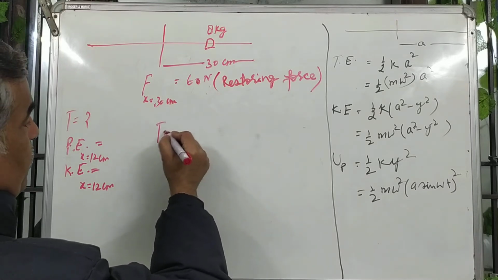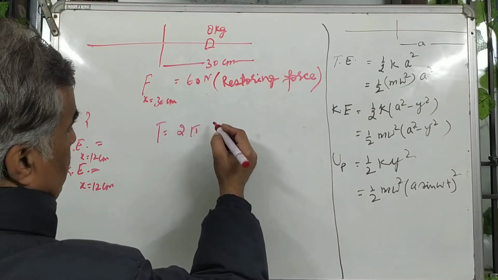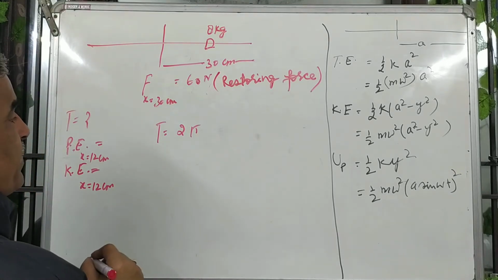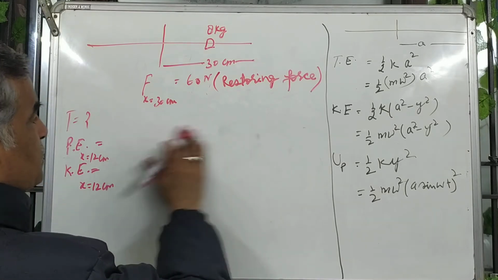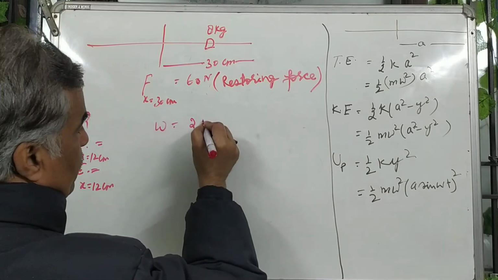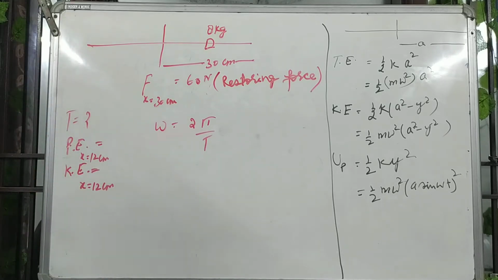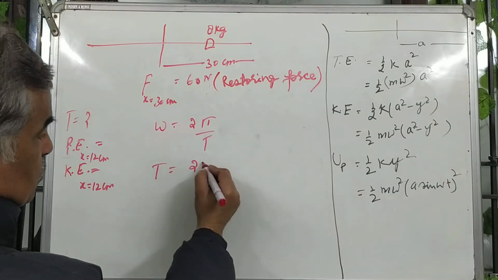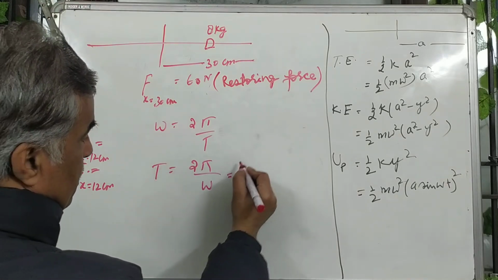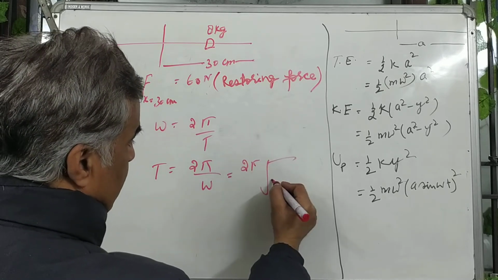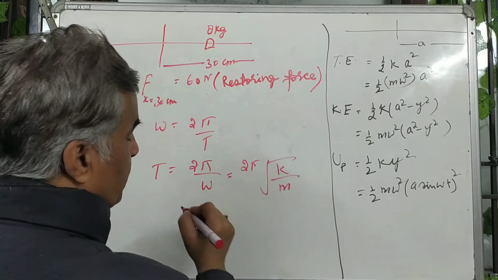Omega equal 2 pi by T, so T equal 2 pi by omega. And omega is root k by m, so T is 2 pi root m by k.